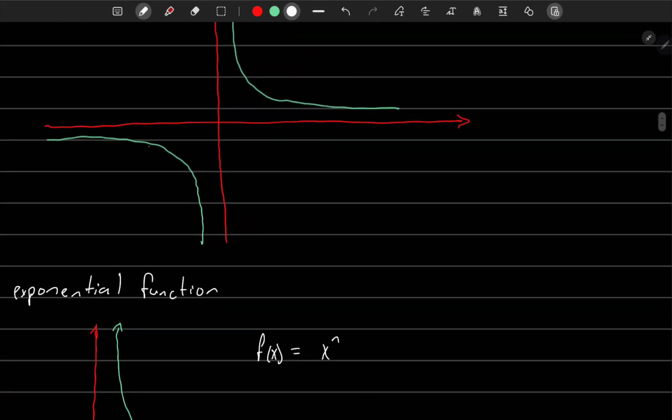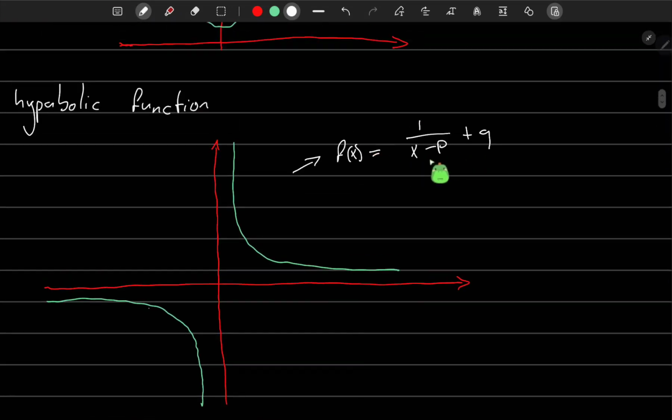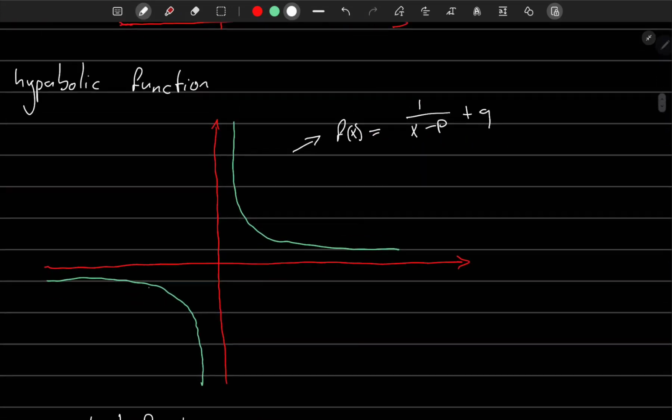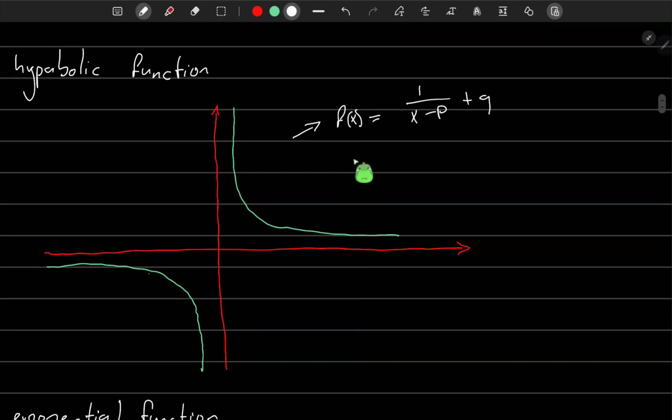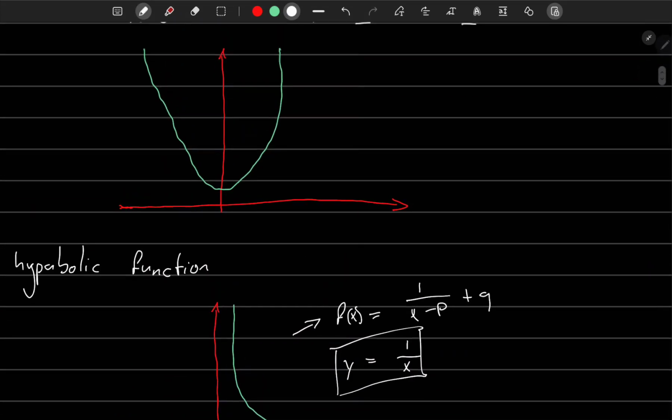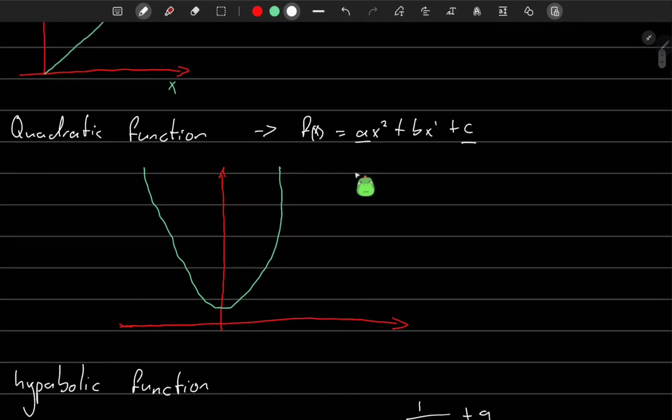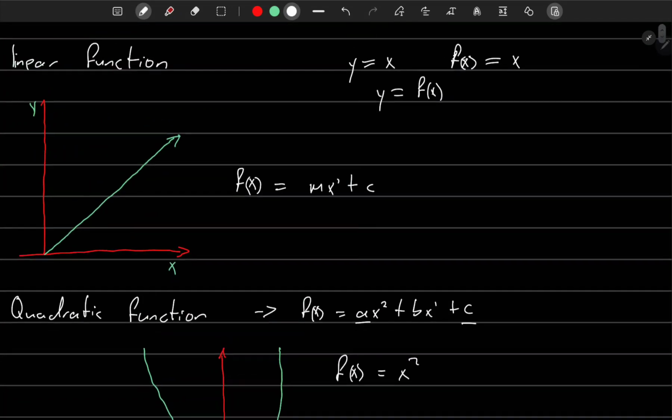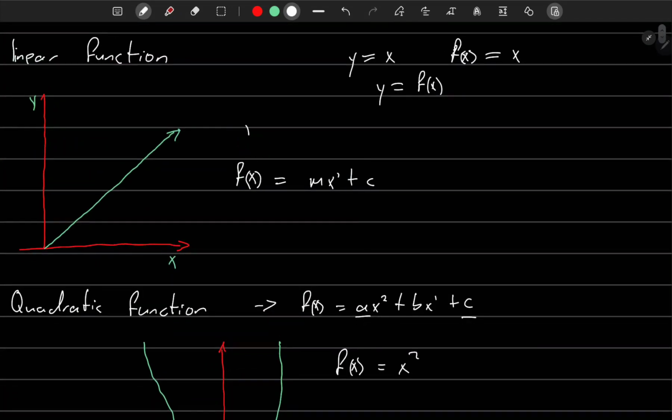Now these are the equations that I'm writing. This is a translated form, but the general form for the hyperbola is 1 over x. This is the untranslated form of this particular graph, and for this one it's just f of x equals x squared, raised to the power of 2.